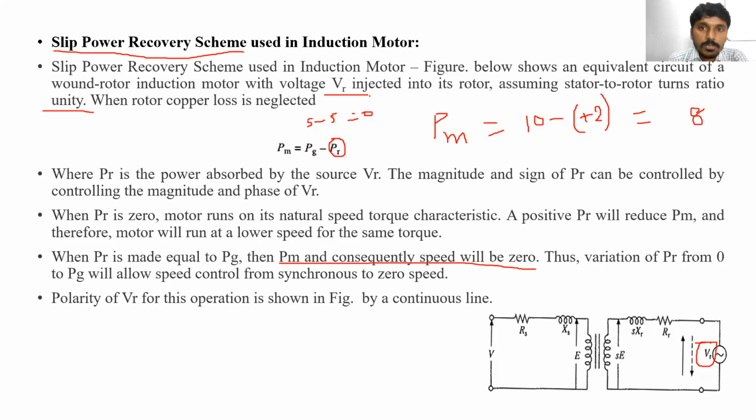If the mechanical power developed is 0, the speed is also 0. So by varying the PR value, the power absorbed by the rotor circuit, from 0 to PG, the speed of the induction motor also varies from synchronous speed to 0. Clear?